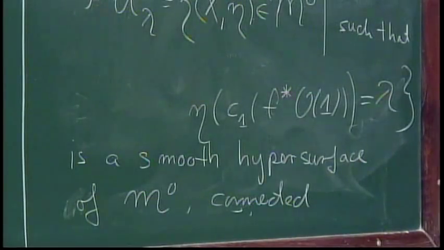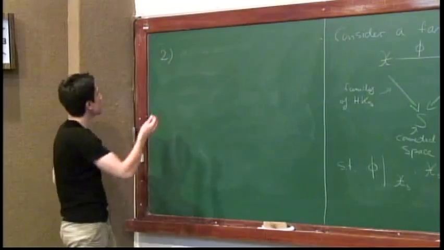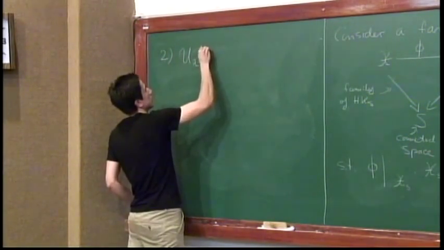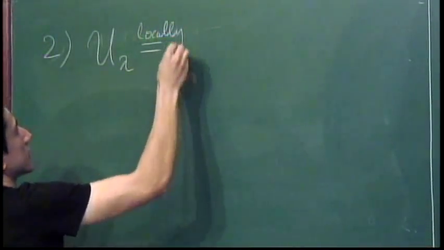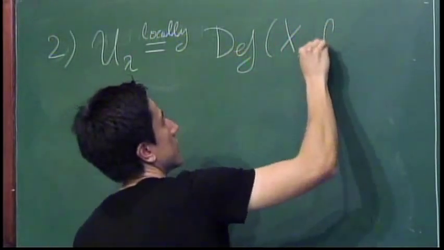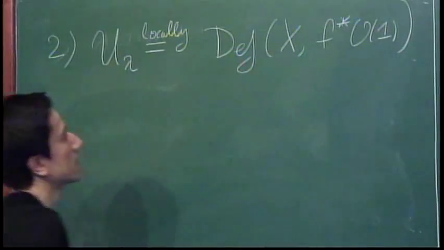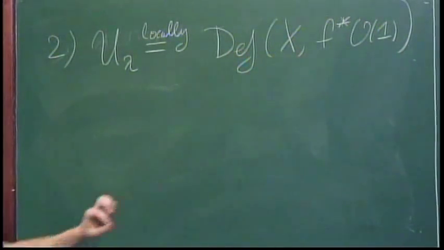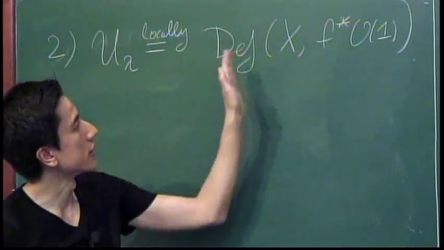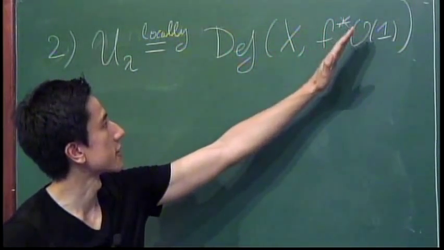And if we look at this connected component of the moduli of Lagrangian fibrations locally, then this U_lambda is given by the deformation space of the pair X and the pullback of O(1). So the general moduli space of Lagrangian fibrations you can obtain by gluing such deformation spaces of such pairs.